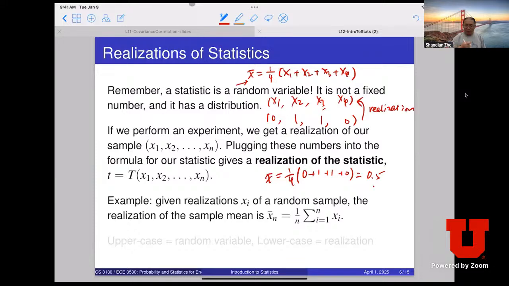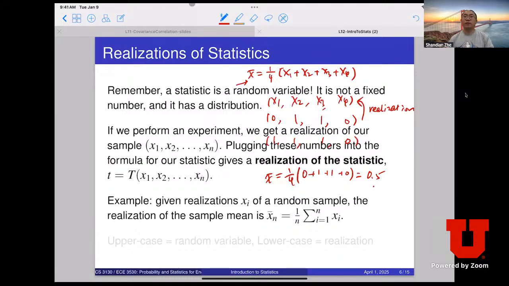So now you can see how this realization looks. Of course, I can do another experiment, which gives a different realization, which might be 1, 1, 1, 0.